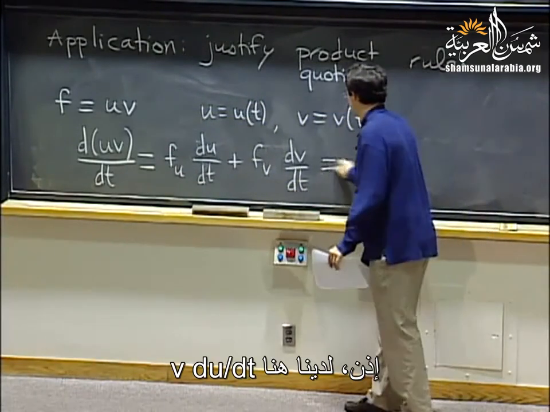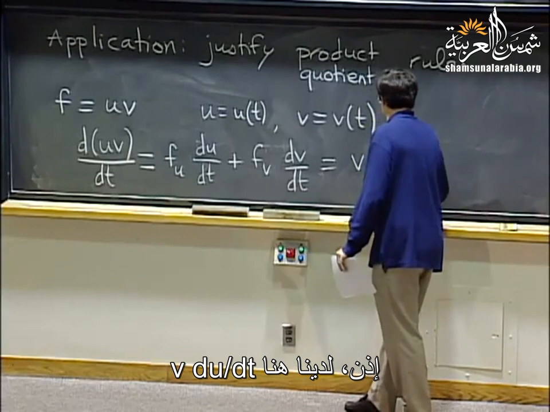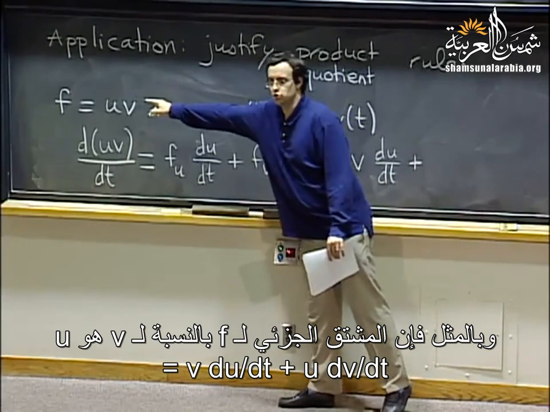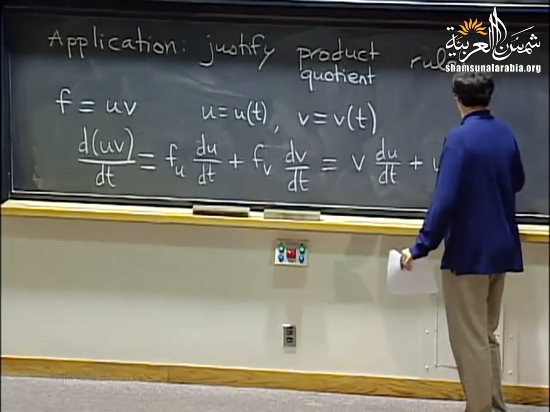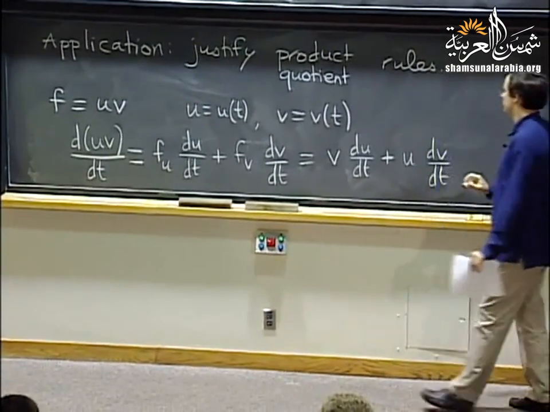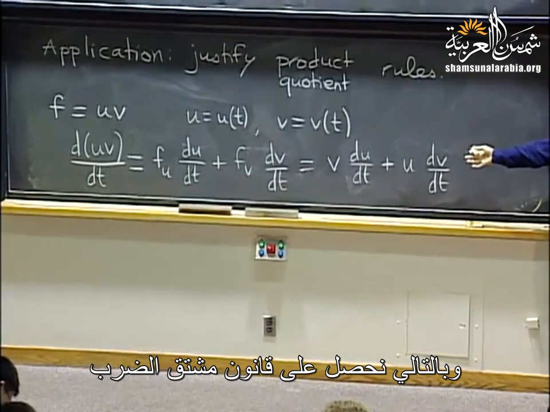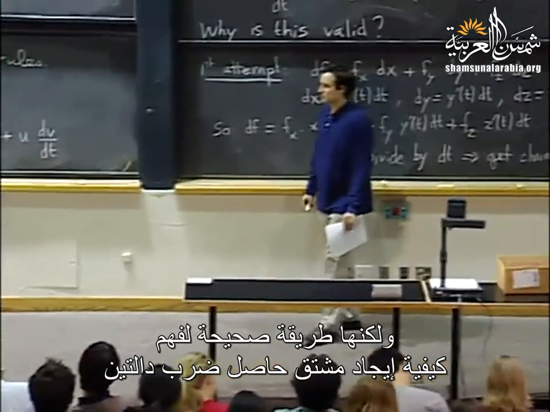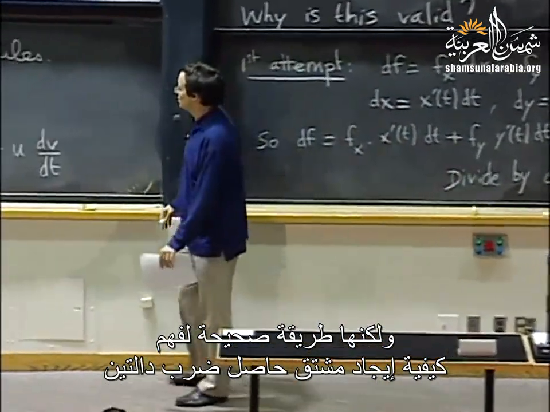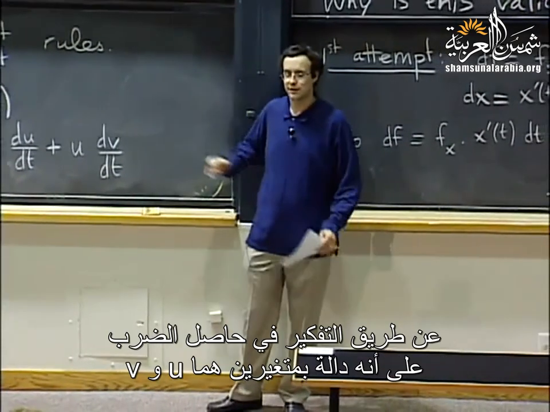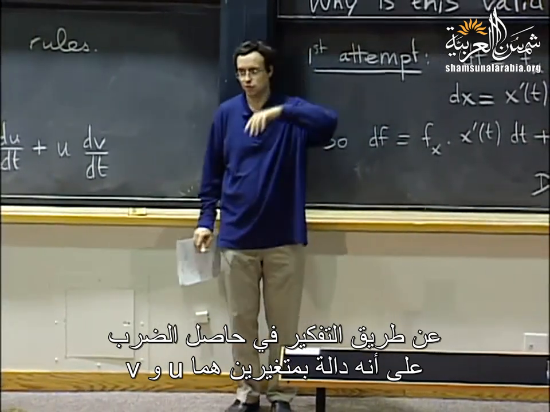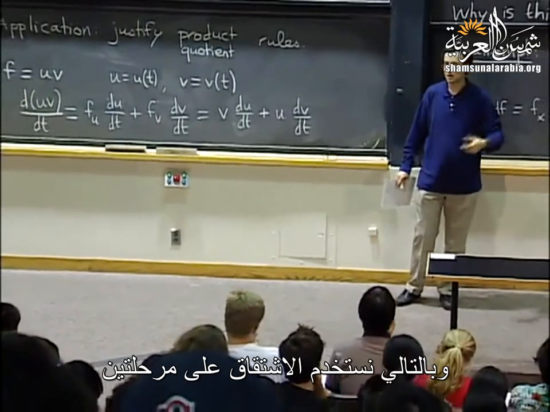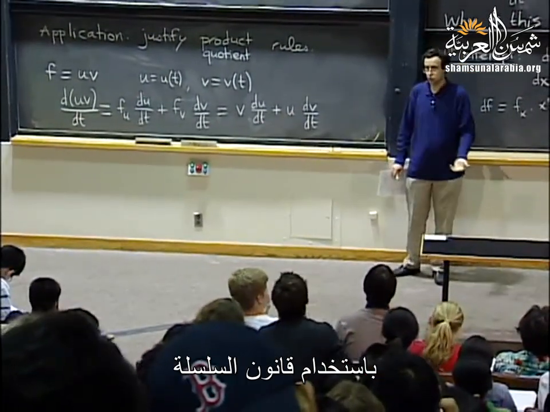It's v, so that's v du dt. And the partial of f with respect to v is just u. So you get back the usual product rule. That's a slightly complicated way of deriving it, but it's a valid way of understanding how to take the derivative of a product, by thinking of the product first as a function of two variables u and v, and then saying that u and v were actually functions of t, and doing the differentiation in two stages using the chain rule.